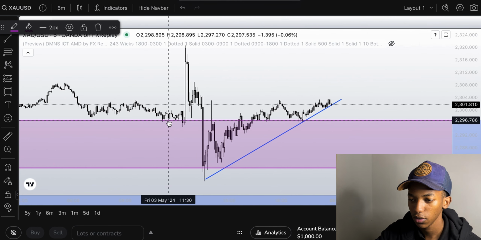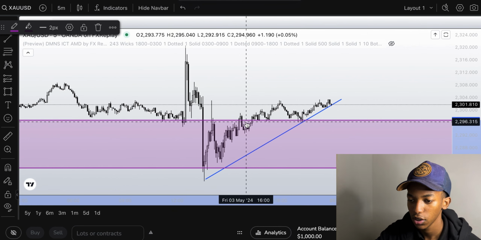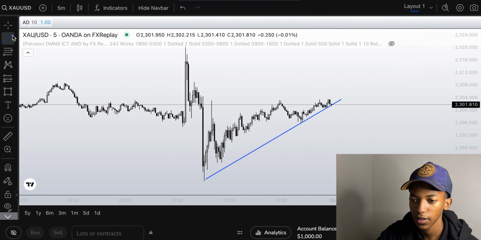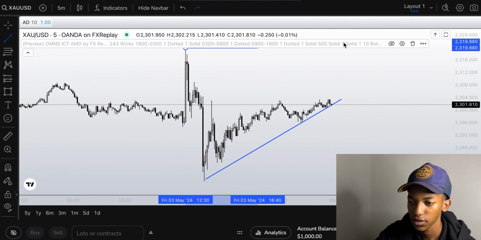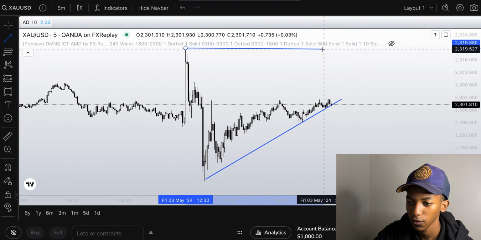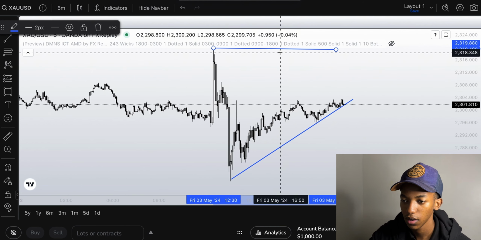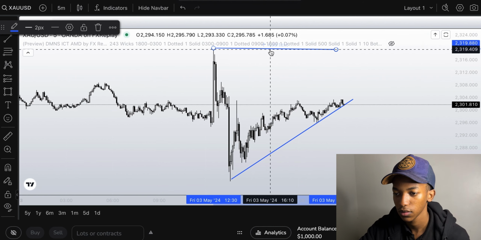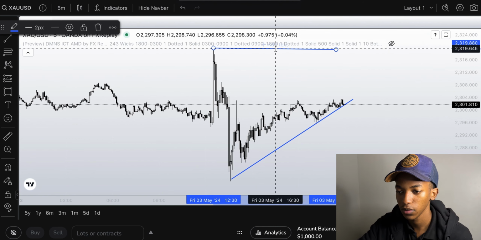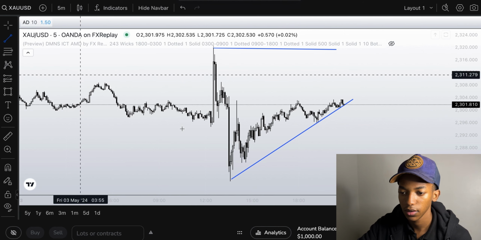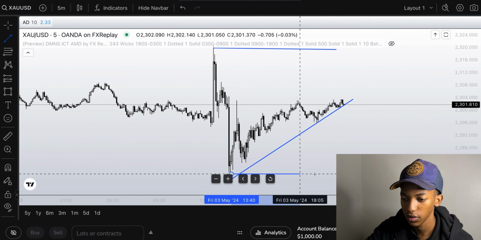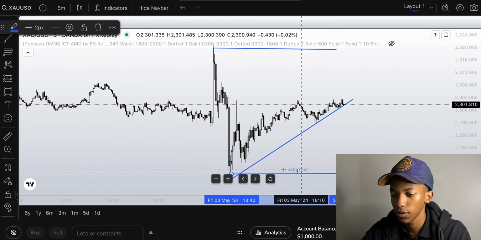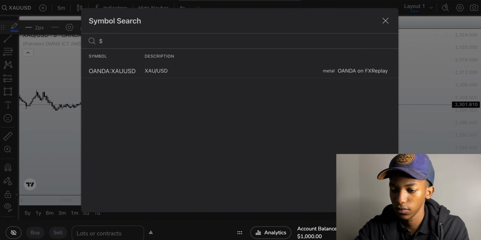In order to find an entry, you're going to have to first find the first area, which is this. We shall mark this out as our first liquidity point, and then this area as our second liquidity point. And we mark it out right there.